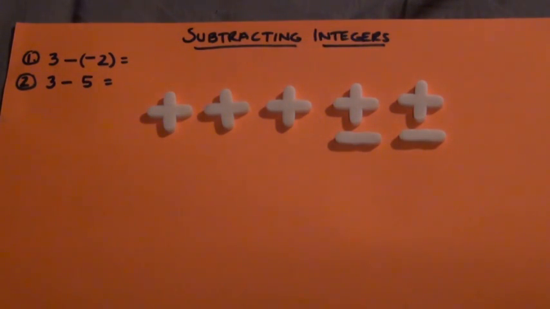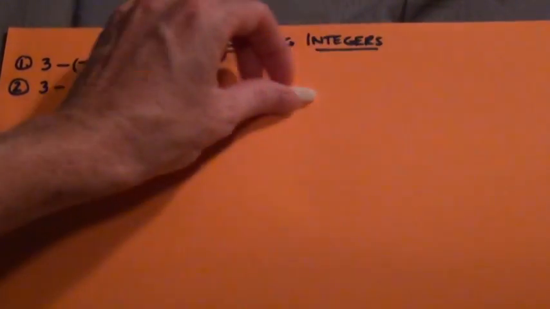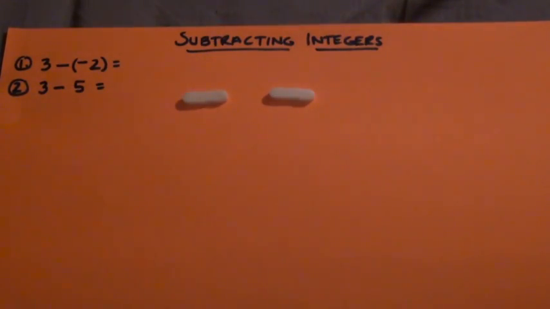Now I can take away 3 positives minus 5 positives equals negative 2. So 3 minus 5 equals negative 2.